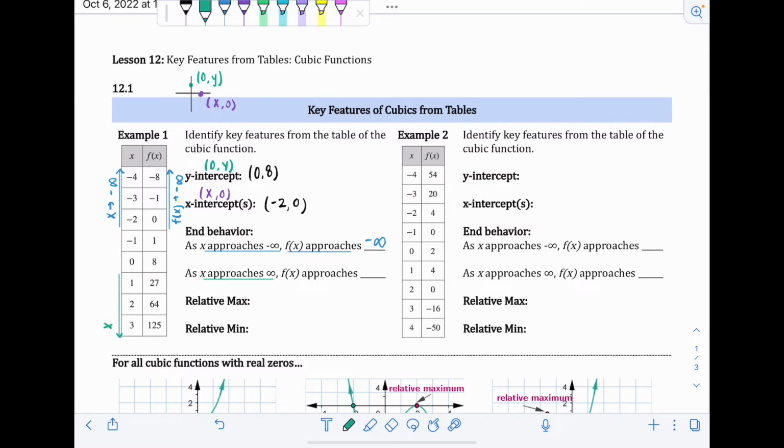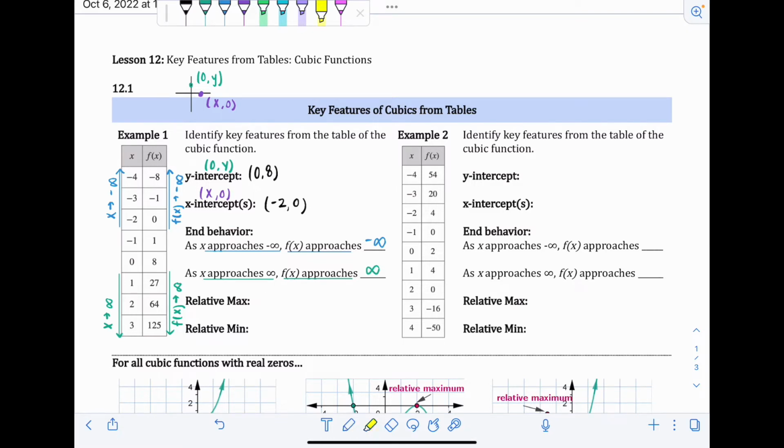So this would be x approaching infinity, and then you look at what f of x is doing on the other side of the table. Those values are getting bigger. They're going from 8 to 27 to 64 to 125. So that would mean that f of x, since it's getting bigger, is approaching positive infinity. So f of x approaches infinity there as well.